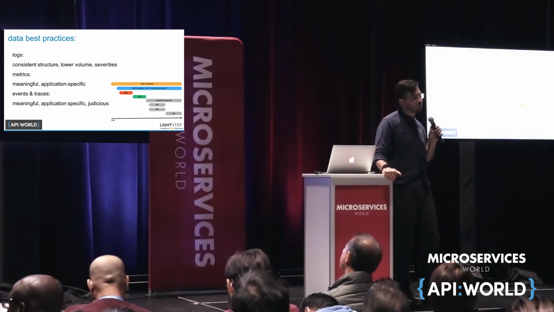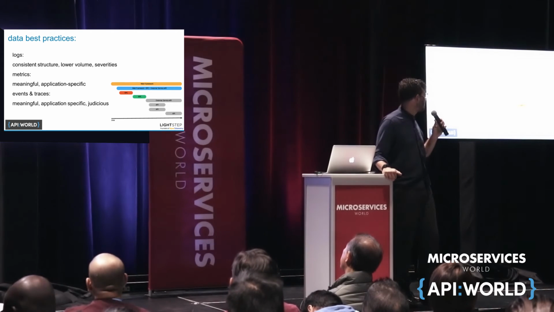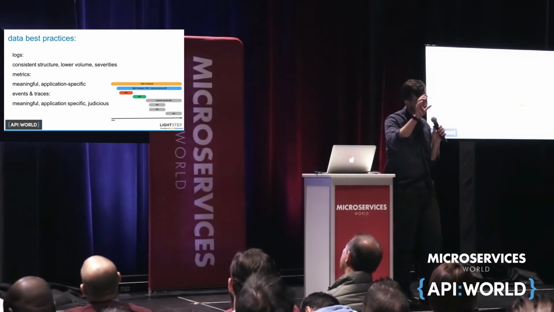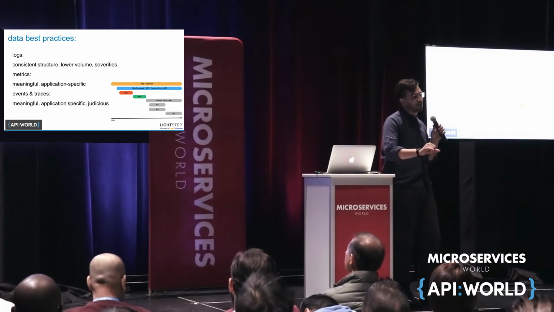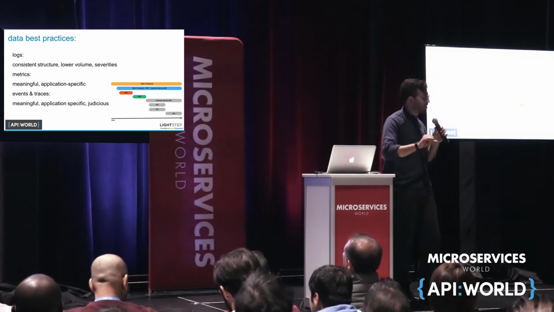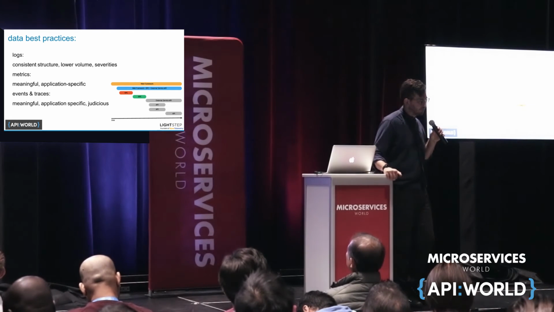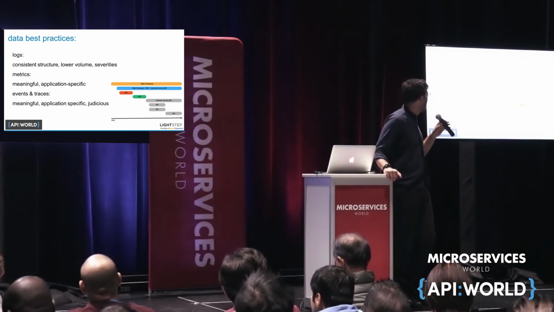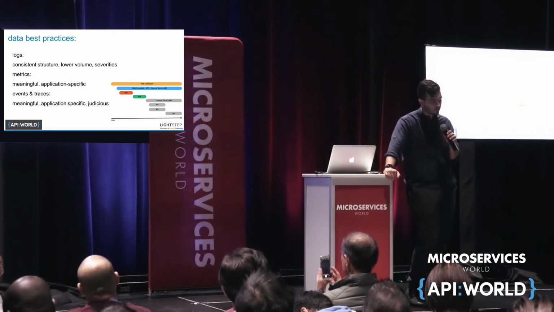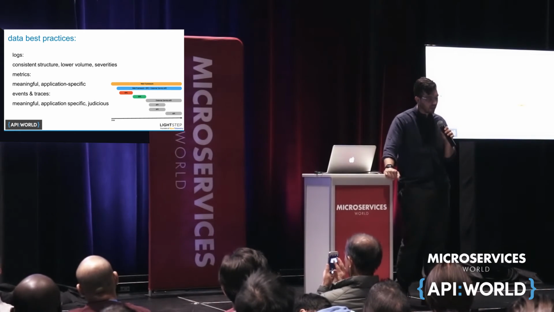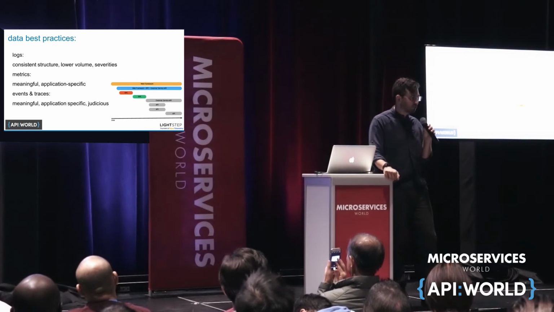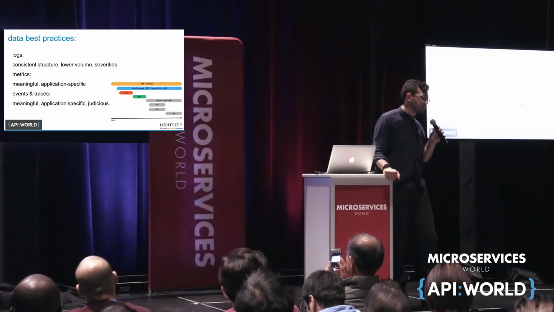JSON is a great structure if you use the same fields all the time, but even just a log line that always starts with a severity, a timestamp, and a message, every single time, will get you a long way from here's a big file, good luck. For metrics that you export, keep them application-specific metrics or keep them host-level metrics.